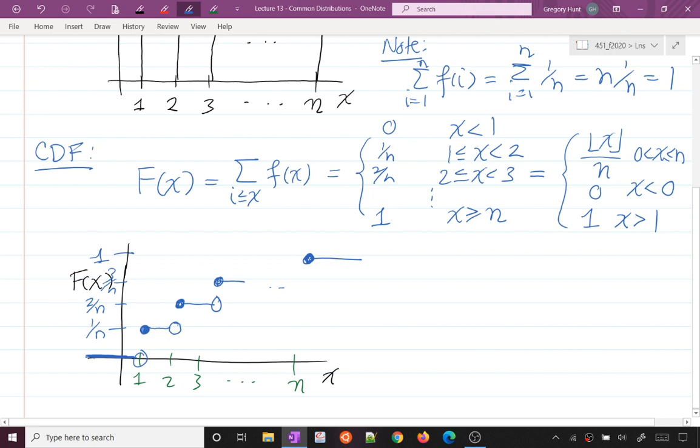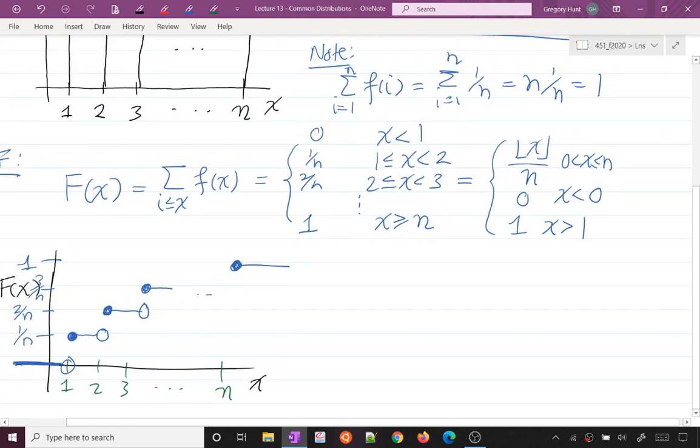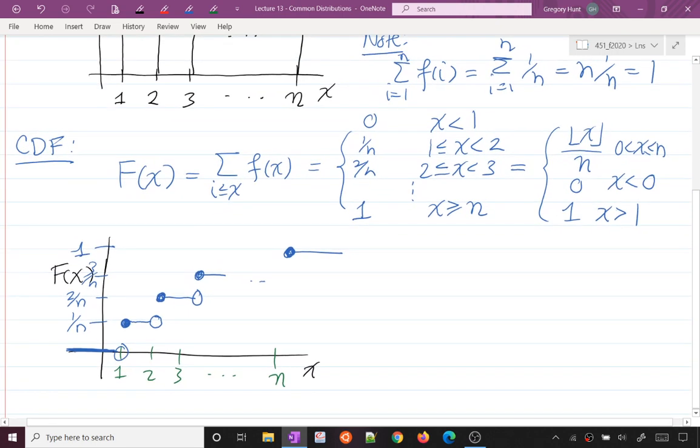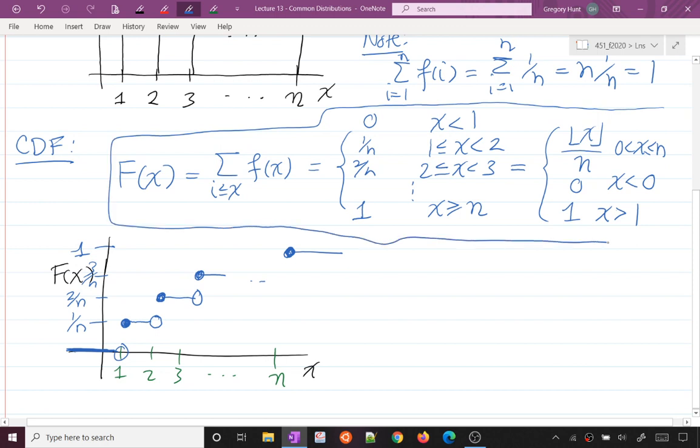So the floor function just means round down, and that gives us the step function. So we can put this in the box. That's the CDF of this discrete uniform distribution.